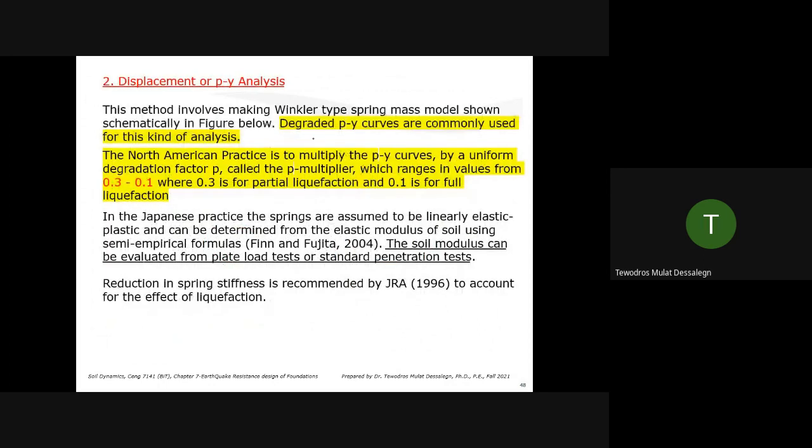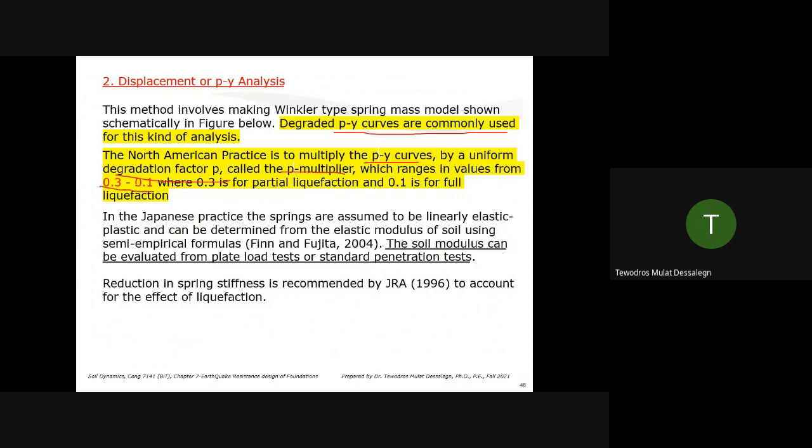Displacement or PY analysis, this is where we use degraded springs. This method involves making a Winkler-type spring mass model shown schematically in the figure below. Degraded PY curves are commonly used for this kind of analysis. The North American practice is to multiply the PY curves by a uniform degradation factor of P called P multiplier, which ranges in values from 0.3 to 0.1.